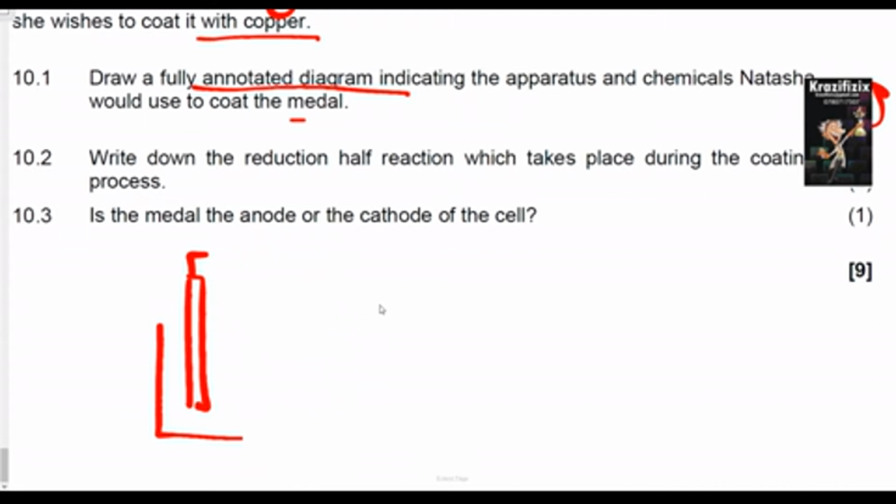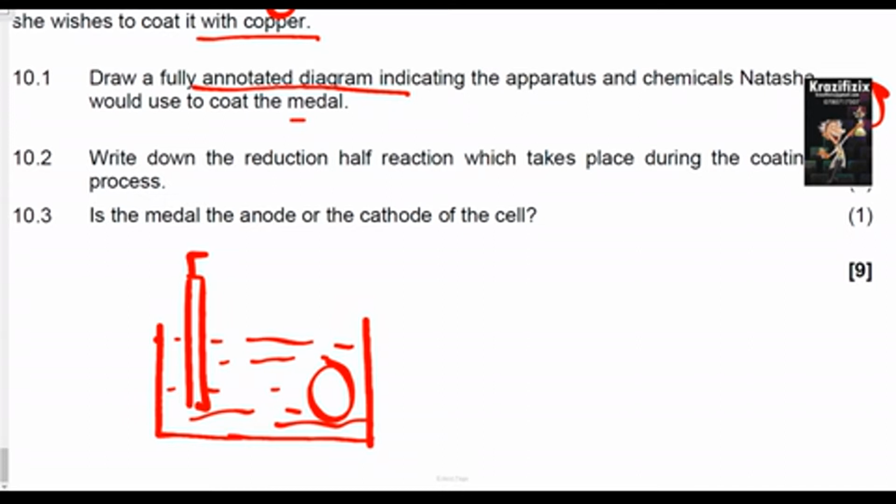Let me make this a bit wider to create enough space. The metal has to be immersed completely. That's where reduction will take place. So it's positive here and it's negative here. We need to label our metal.